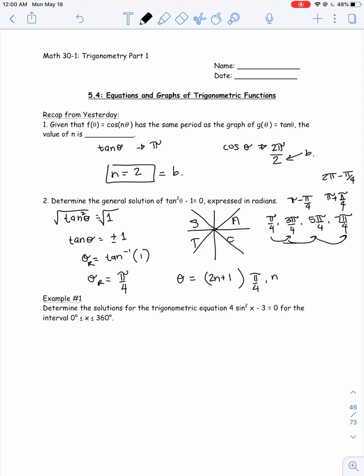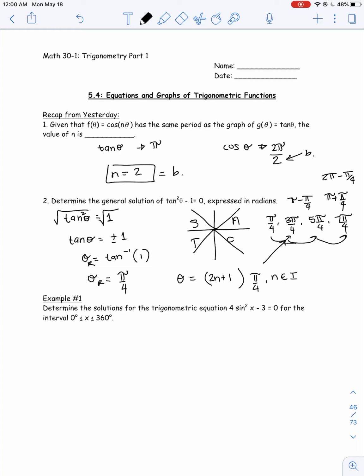If n is an integer, that will represent all these. For example, if I put a 1 in there, 2 times 1 is 2, 2 plus 1 is 3. So 3 pi over 4 represents this one right here.